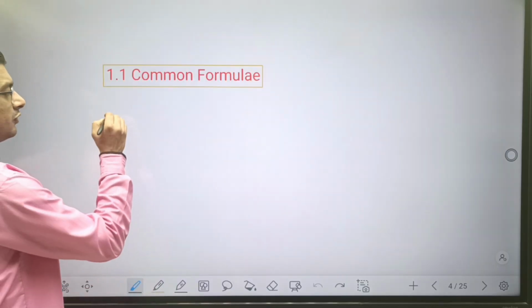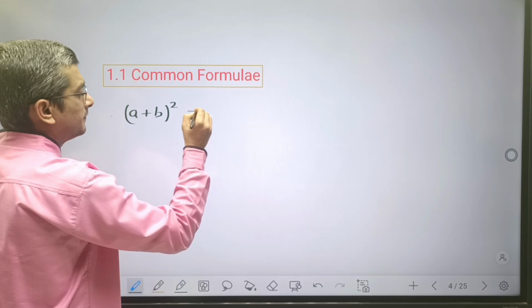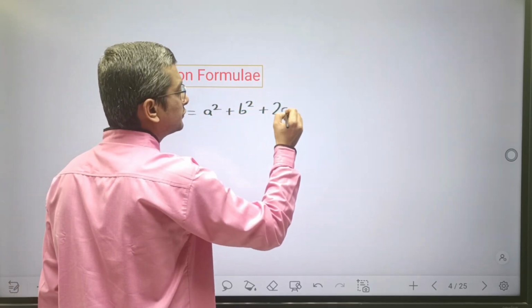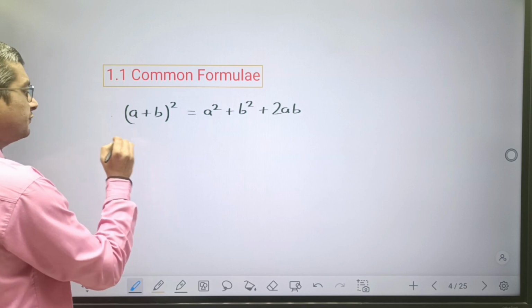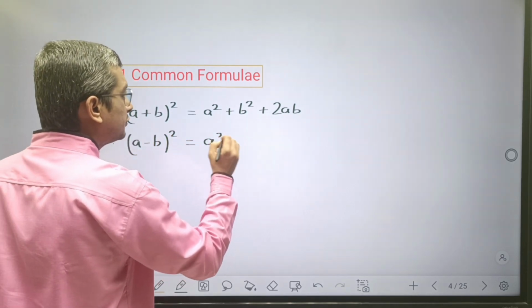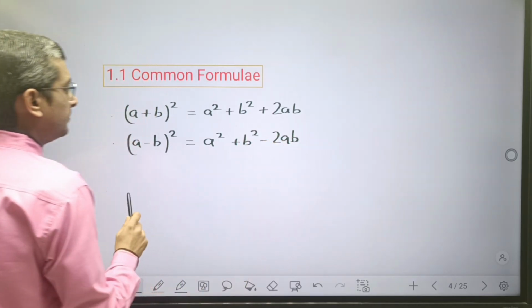So these are the very basic formulae, that is (a plus b) whole square, a square plus b square plus 2ab. Second formula, very common, that is (a minus b) whole square. So this will be a square plus b square minus 2ab.